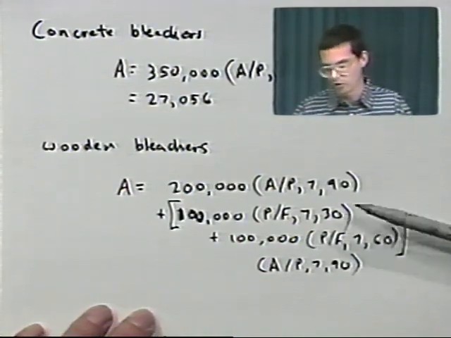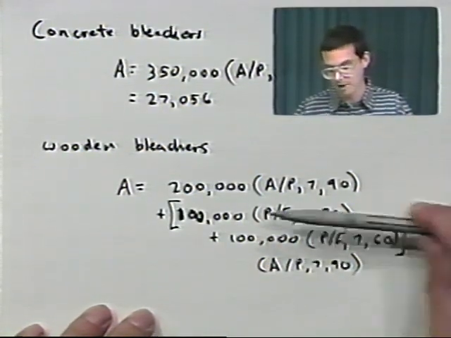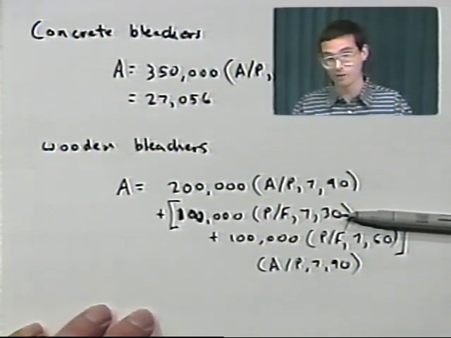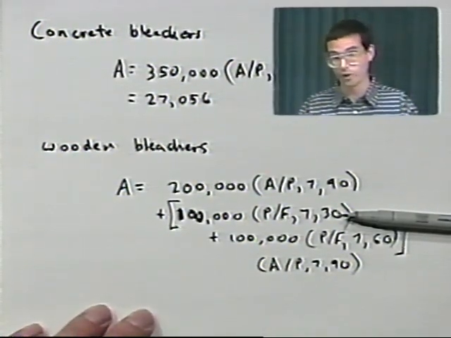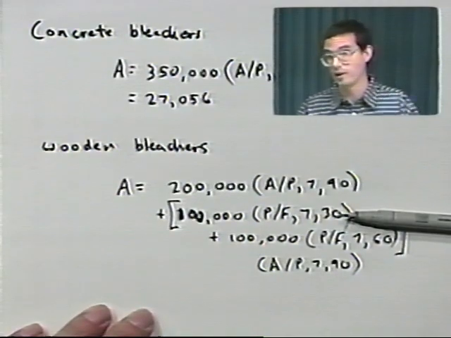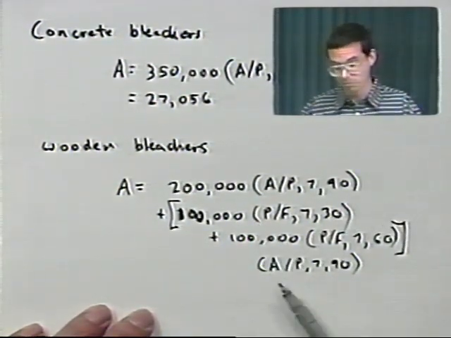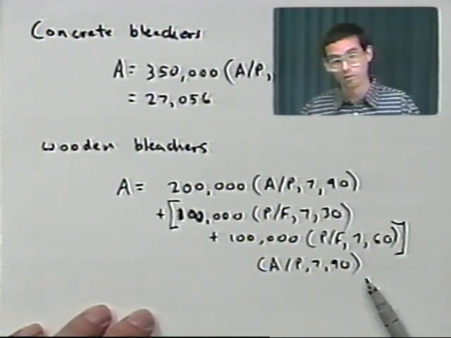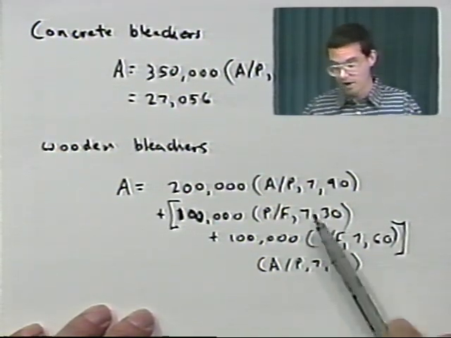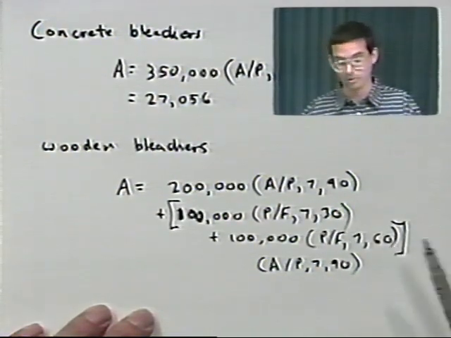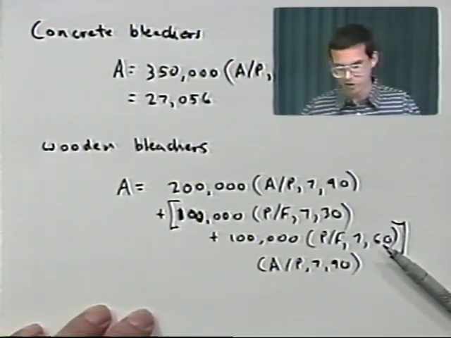There's no convenient way of converting that cash flow 30 years from now directly into an annuity over the 90 years, other than taking it to a present worth first, and then spreading it out over the 90 years. I do the same thing for both the purchase 30 years from now and the purchase 60 years from now. So that's the replacement bleachers.